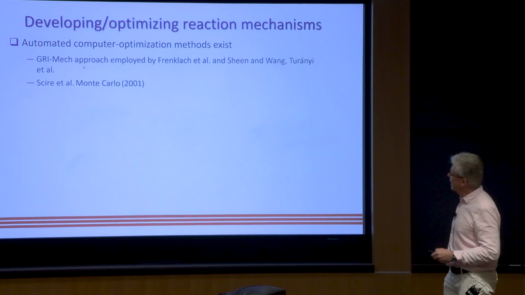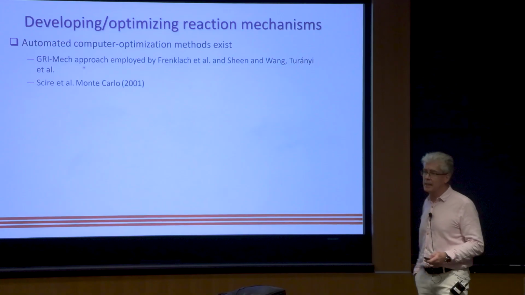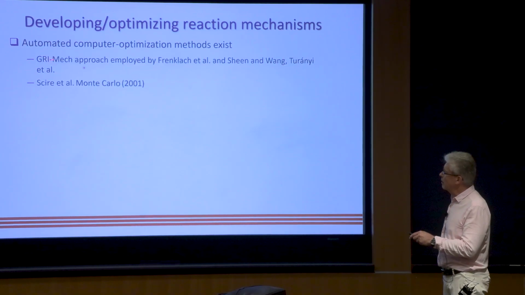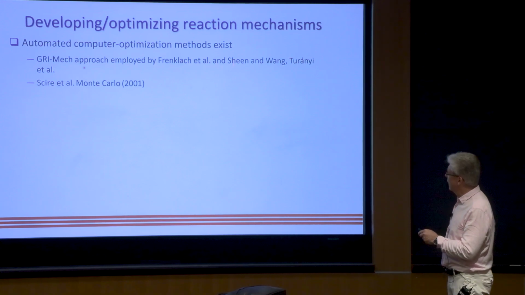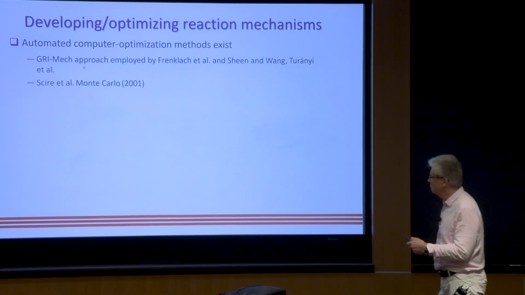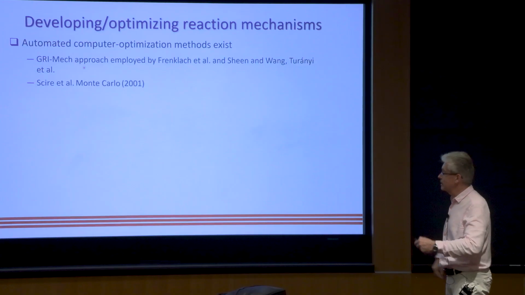Developing and optimizing detailed chemical reaction mechanisms: the GRI approach employed by Michael Frenklach, David Sheen, Hai Wang, and Thomas Turányi and others. We can look at that, I might highlight that in a second.